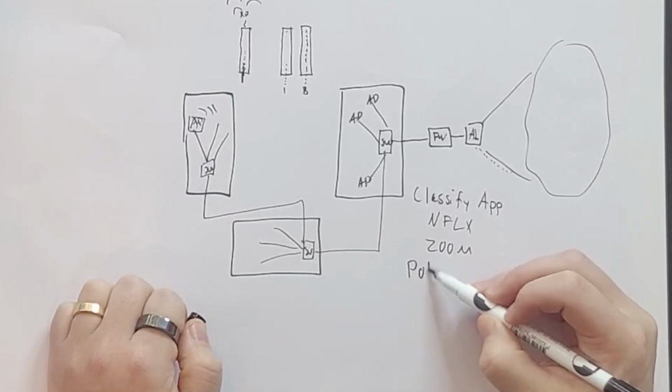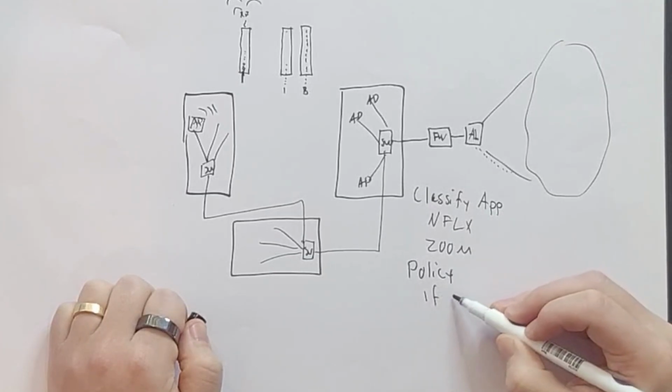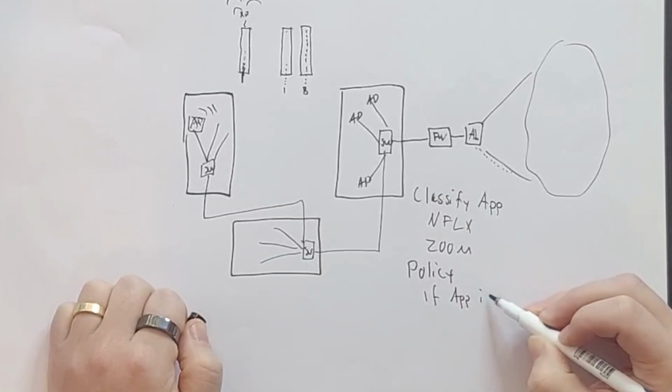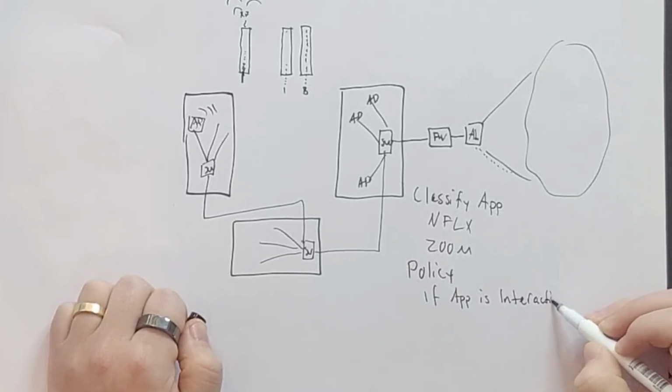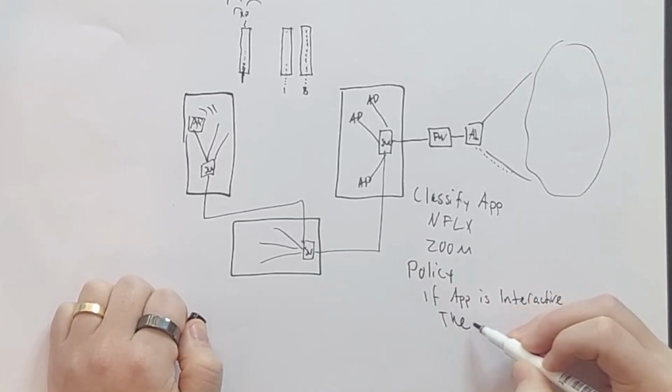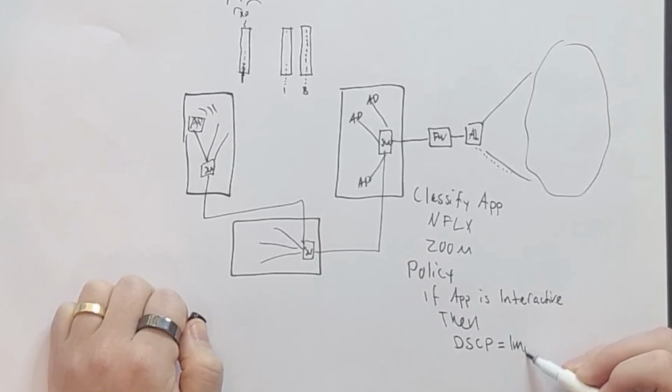Then it will have policy, and the policy will say that if the app is interactive, then set the DiffServ code point. I'm just going to say important.